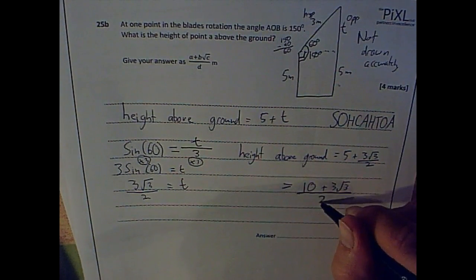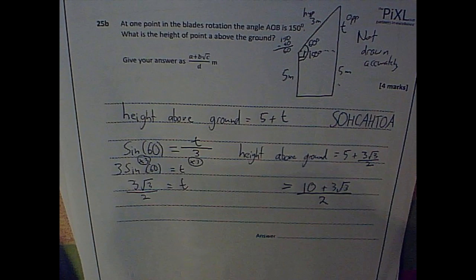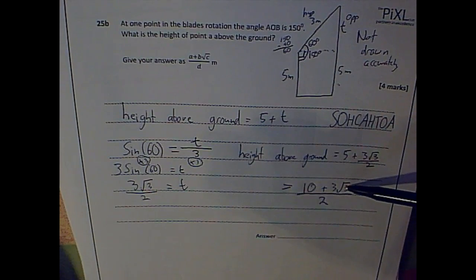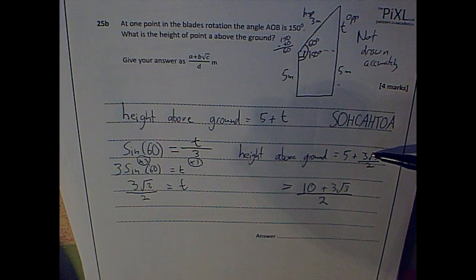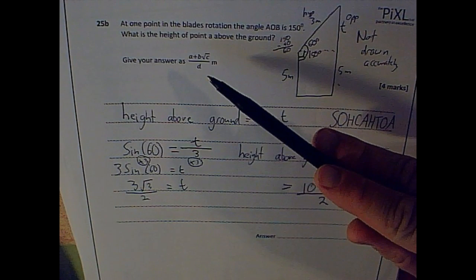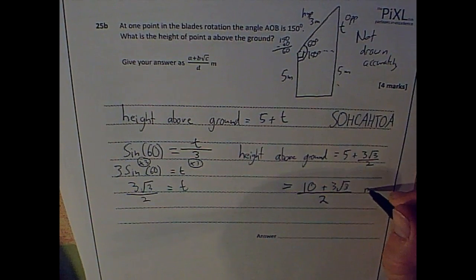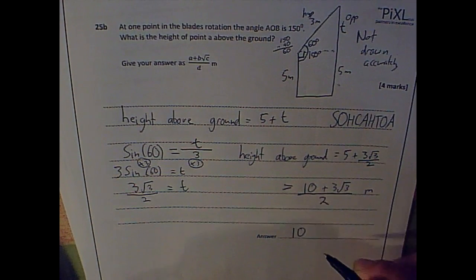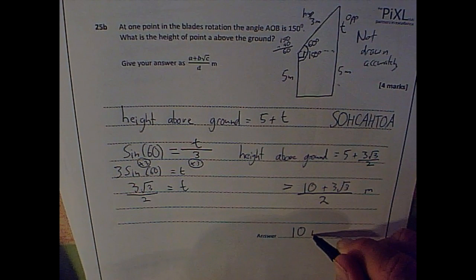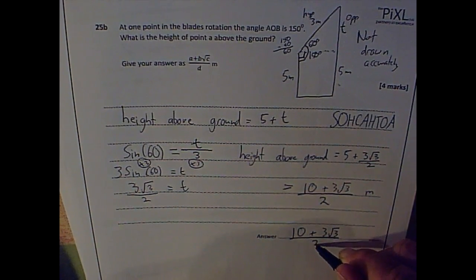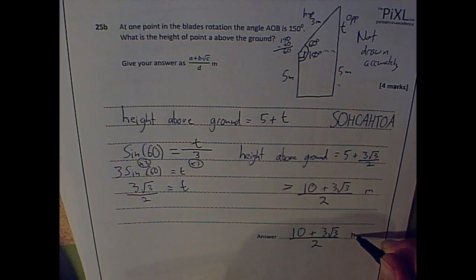Hopefully you can see why, because this 5 would be created by 10 divided by 2, and then this 3 root 3 would also be over 2. So these two are equivalent, and it's now in the correct form: 10 plus 3 root 3 all over 2 meters.